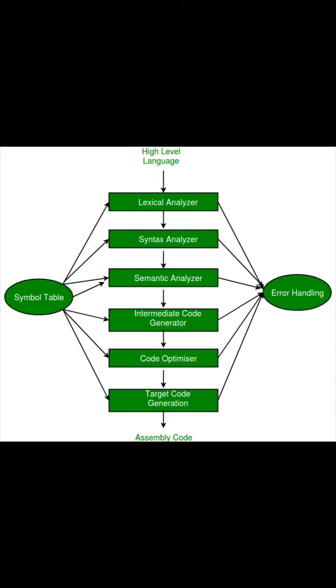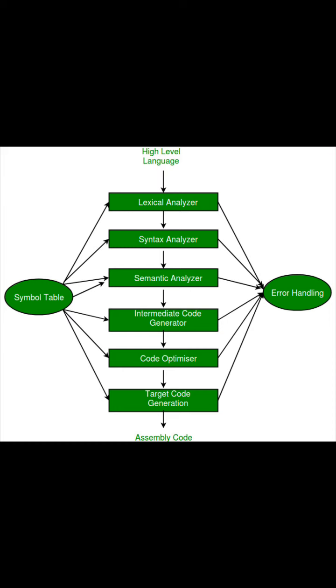The processes are lexical analyzer, syntax analyzer, semantic analyzer, intermediate code generator, code optimizer, target code generator, symbol table and error handler. Okay, so we will discuss these things one by one.